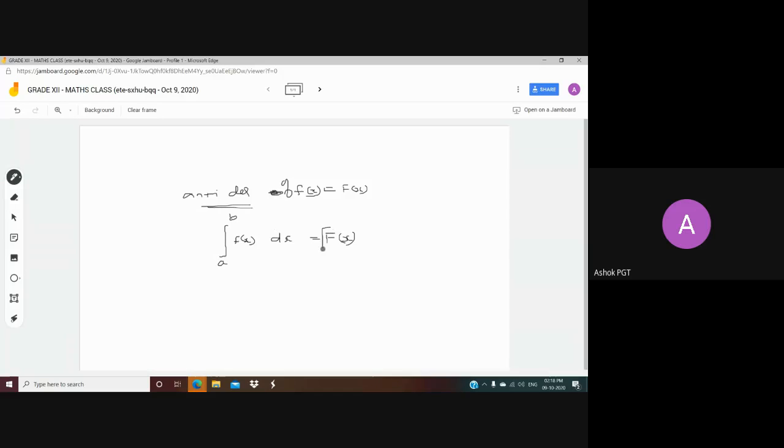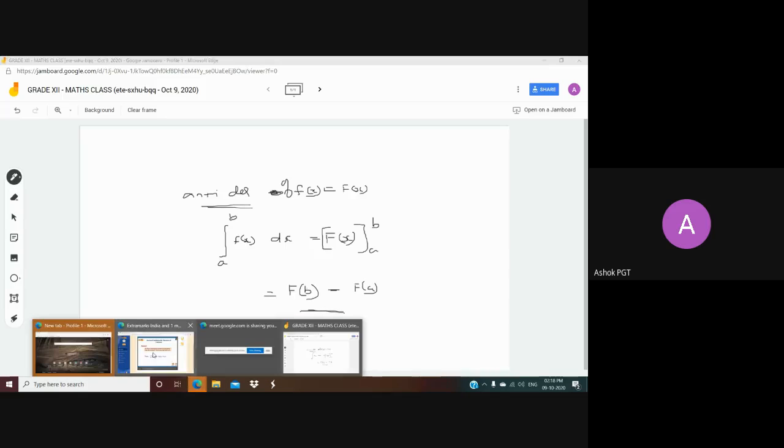You know that the upper limit will be given as an input for the function, so F of b, and then minus lower limit given as an input, F of a. This is the final answer. That is what is explained here.